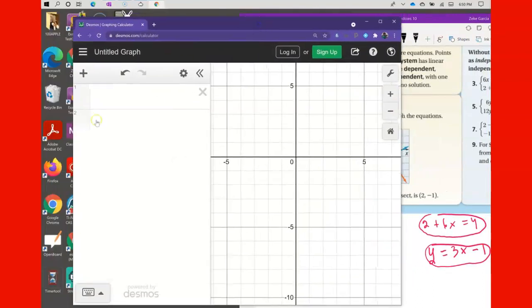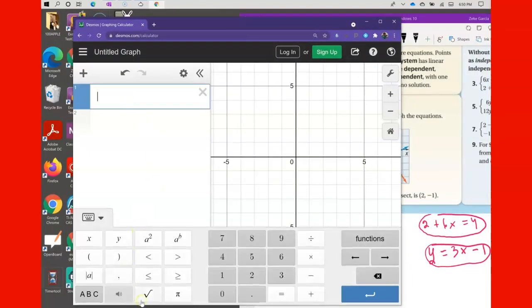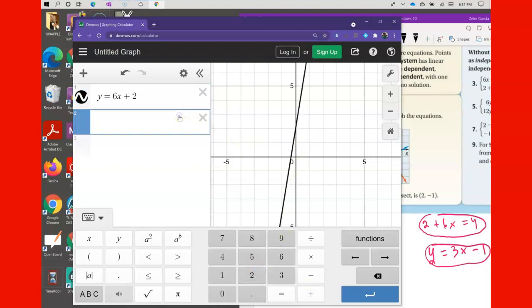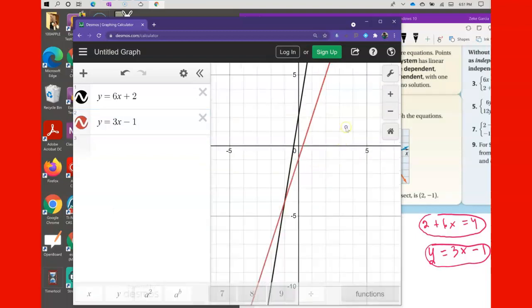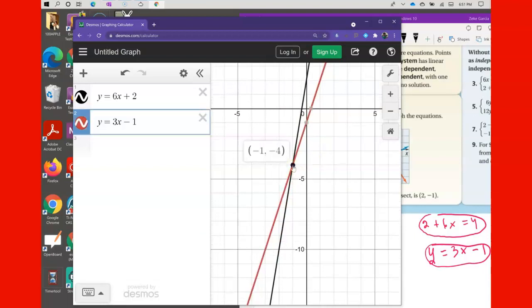I'm going to use Desmos here, so I have y equals 6x plus 2, and then our second equation was y equals 3x minus 1. So you see the intersection.